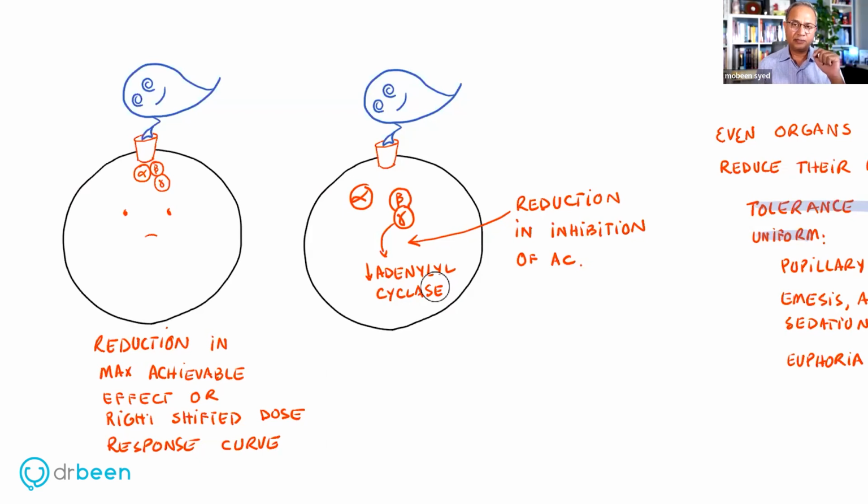Why this point is important is that as you would see in withdrawals, or as you would see in abrupt stoppage of opioid, as soon as you stop opioid abruptly, opioid suppression of adenylyl cyclase will go away because there's no more opioid. And that bulk of adenylyl cyclase that we have produced as a counter-regulation, as a resistance to opioid's action, that pile of extra adenylyl cyclase will immediately start becoming active, all of them.